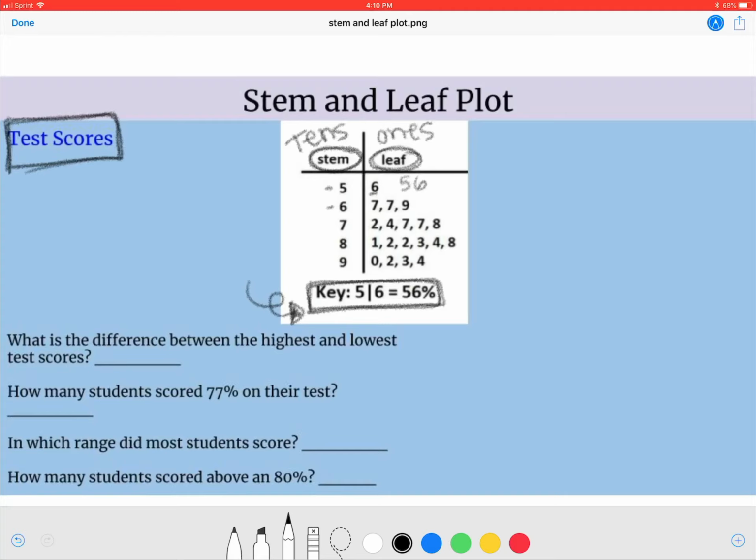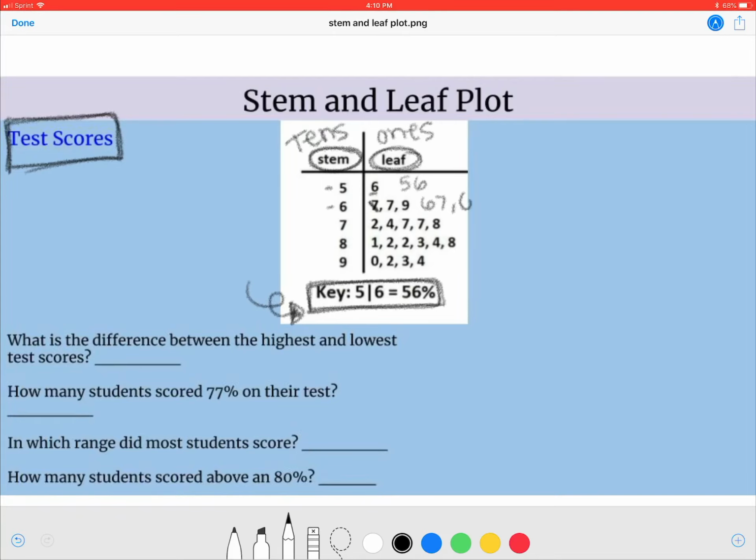56. So that means one student made a 56 on their test. Let's move on to the 60s. If you notice, there are multiple numbers in the ones place for the 60s range. All that means is that more than one person made a score in the 60s on their test. So let's look at what grades they made. I have a 6 in my tens and a 7 in my ones, so someone made a 67.